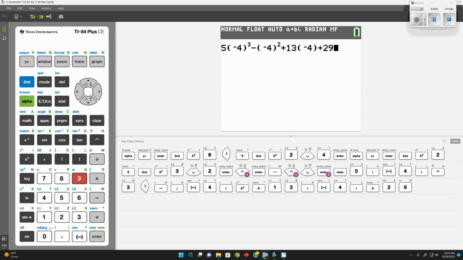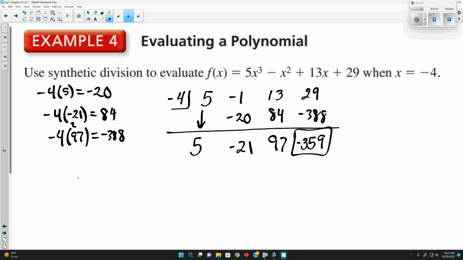This is how we did it on Tuesday, yes? To evaluate a number, we plugged it in, let the calculator do it, enter. Is that the remainder that we got? The remainder that we have for synthetic division will be the same as if we evaluated for that same value. So evaluating it for 4, plugging it in, and doing synthetic division, whatever the remainder is will be what that value is. Yeah. So the answer is negative 359.